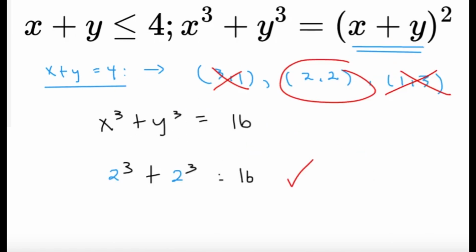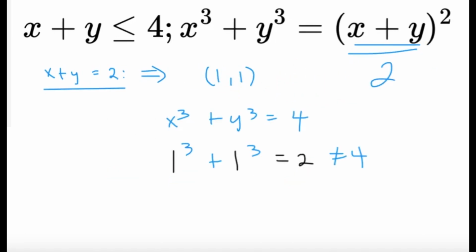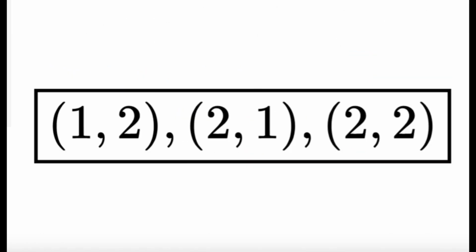And from the cases that we have, (2, 2), the (2, 1), and the (1, 2), and there are no more solutions from any other cases, so the possible ordered pairs to the given equation are (1, 2), (2, 1), and (2, 2). And these are the answers to this problem.